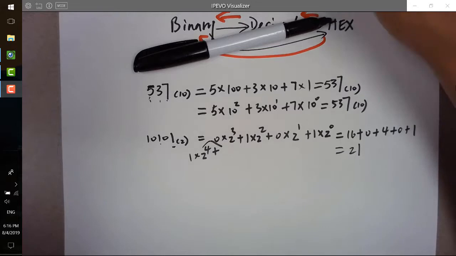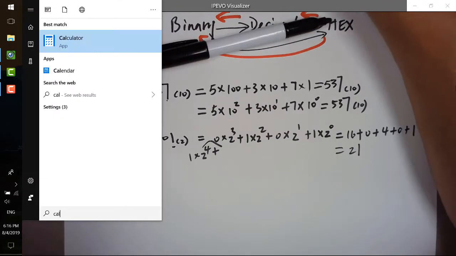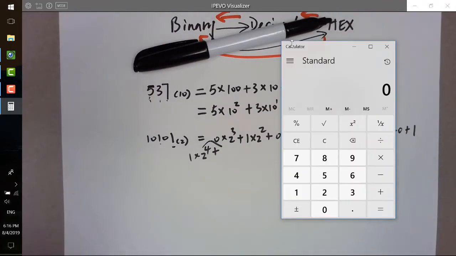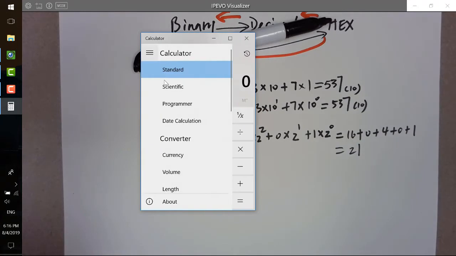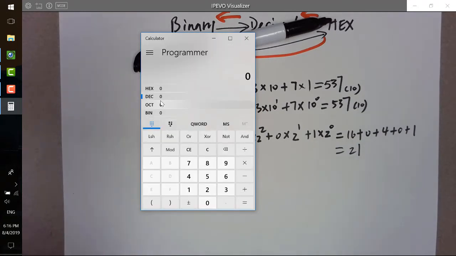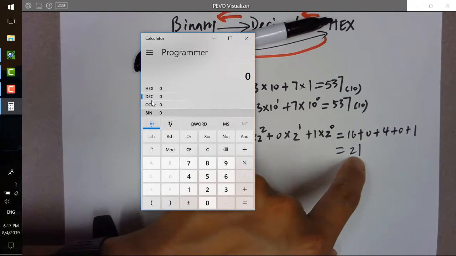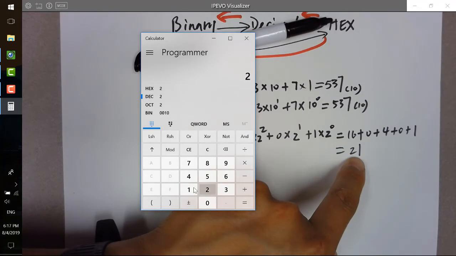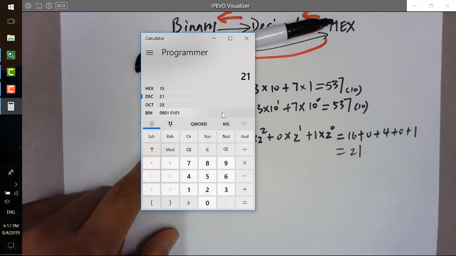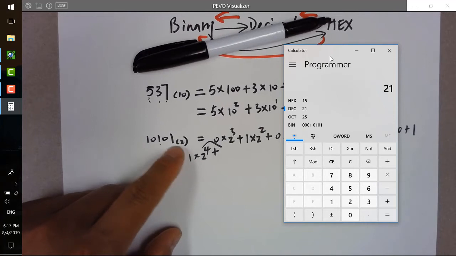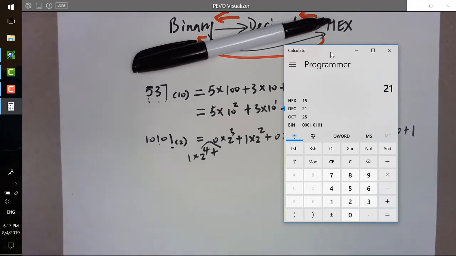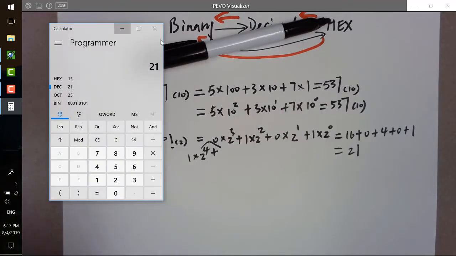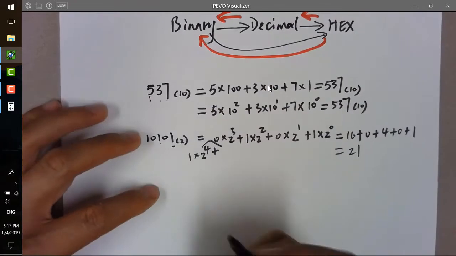If I grab a calculator and use the programming version, and put decimal 21 here, and then look at the binary version, it's 10101, which is correct.